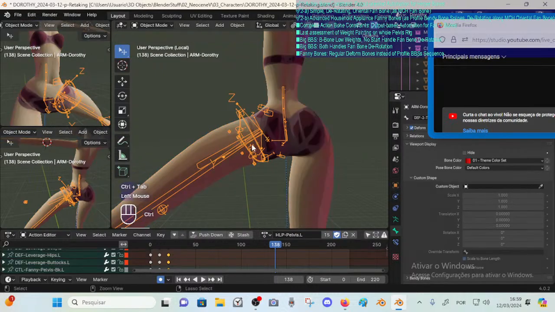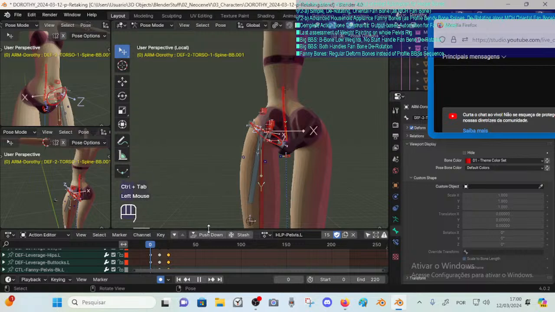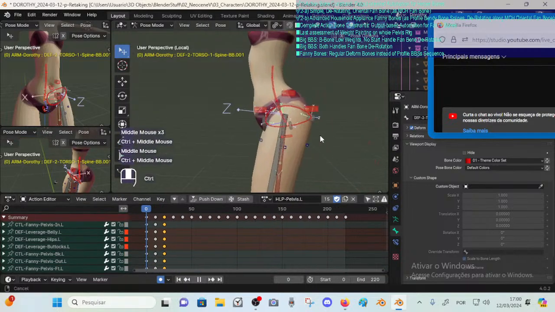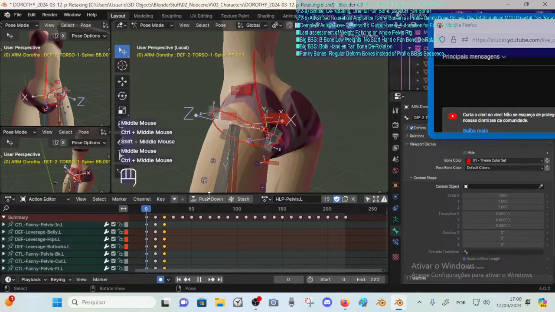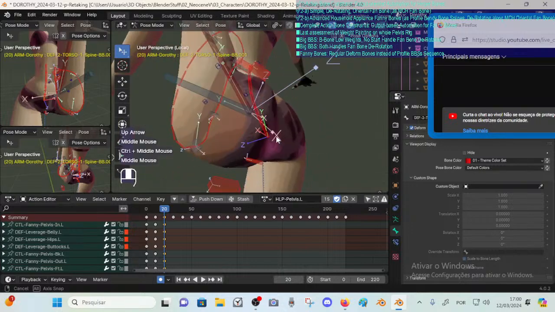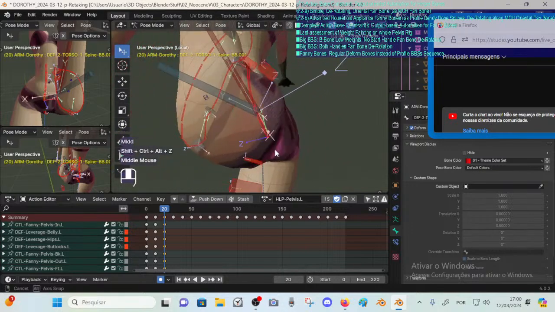So we took off some weights from the lower spine and the upper thigh near the joint. So here, did that help anything?